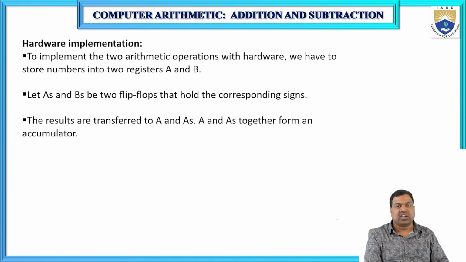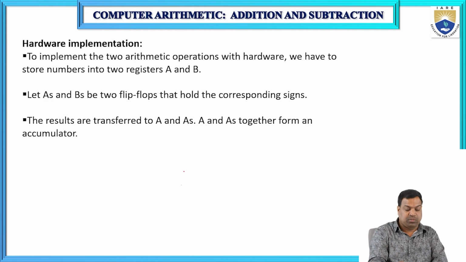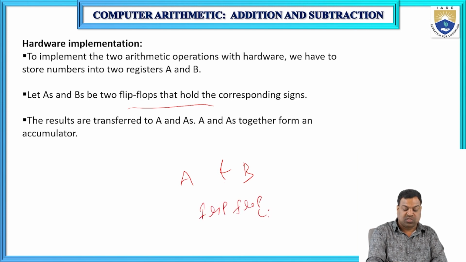The results are transferred to A and As, the accumulator. So for hardware implementation, I'm taking two registers A and B, used as flip-flops, meaning storing one bit of information.